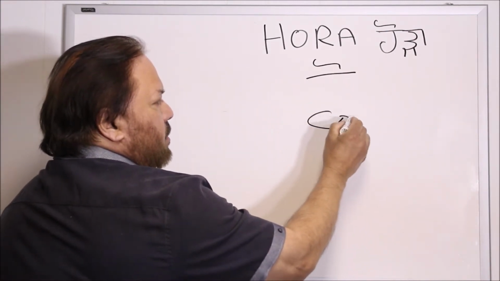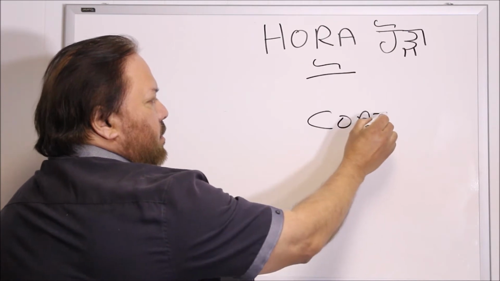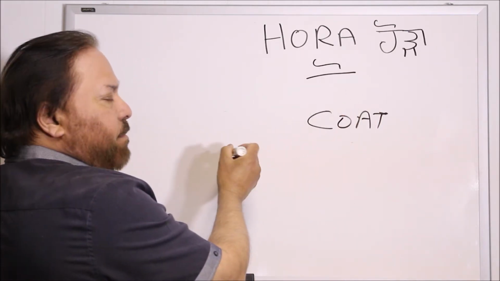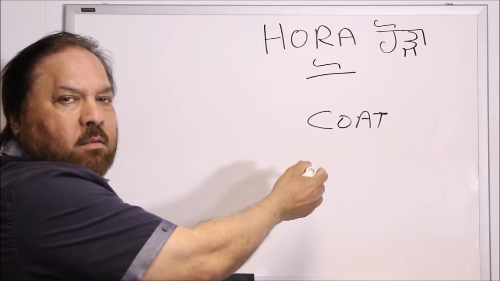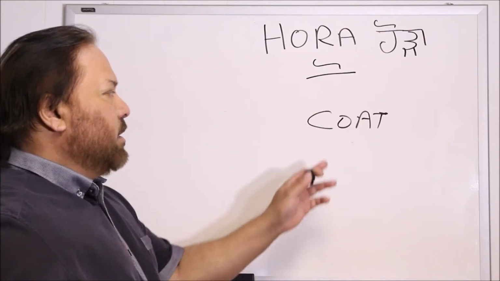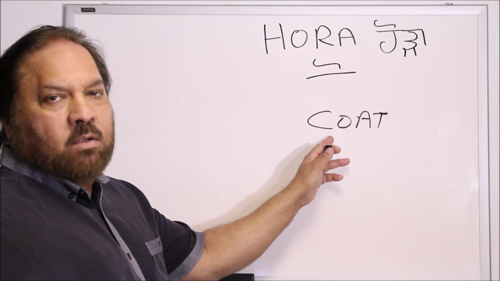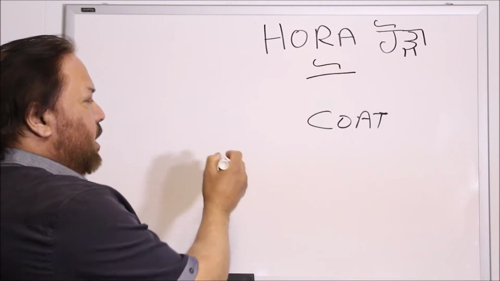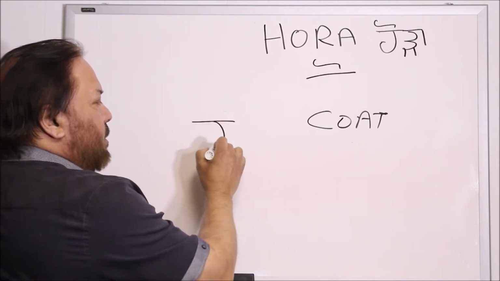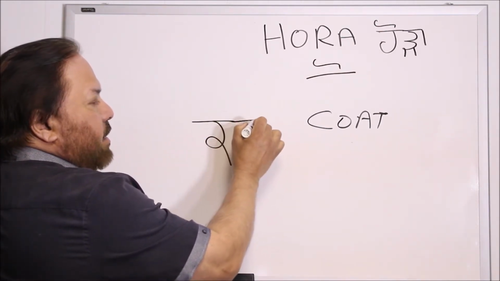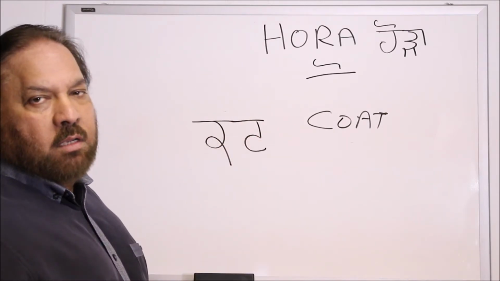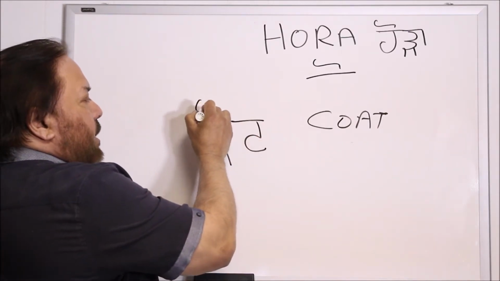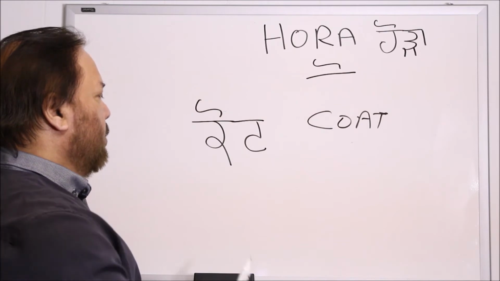Or we can use another word, quote. For C or K, where the sound is like ka, we use kaka. And again tanka for T, and it becomes coat.